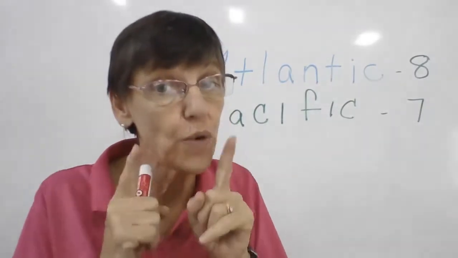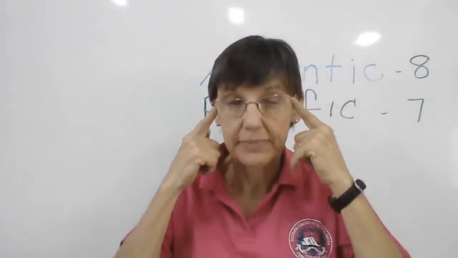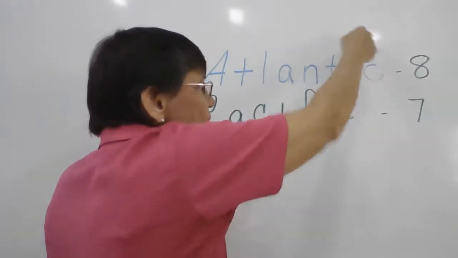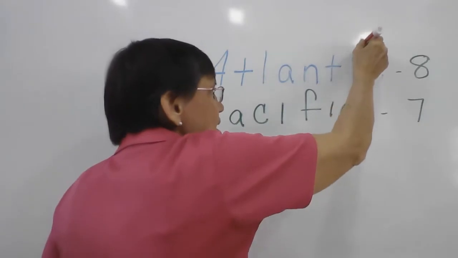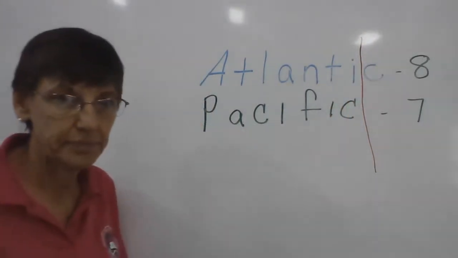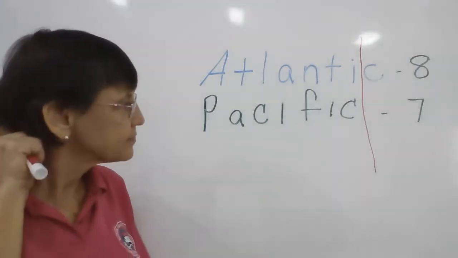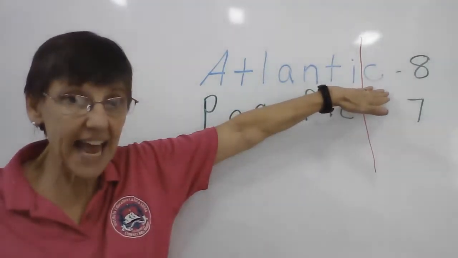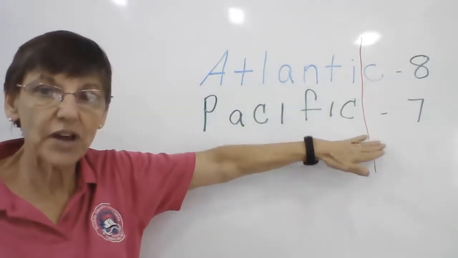This is where you have to think. The first part's easy, okay? Now, this one has 8 letters. This one has 7, okay? How many more letters does Atlantic have than Pacific?